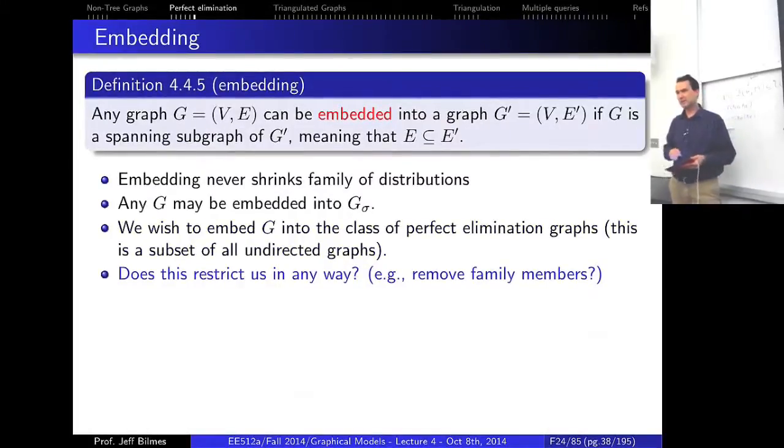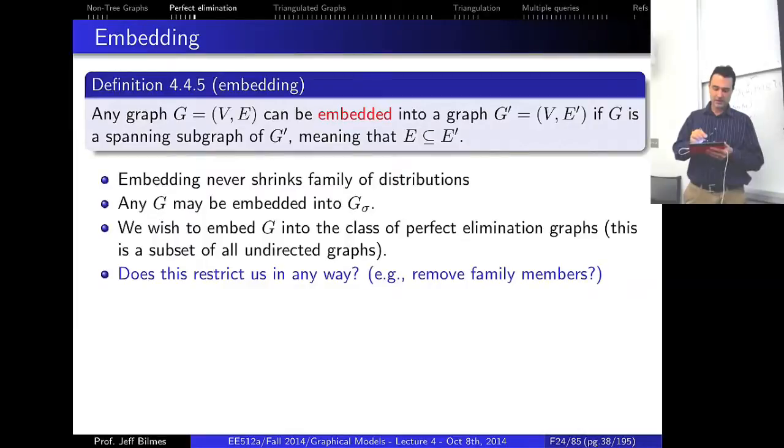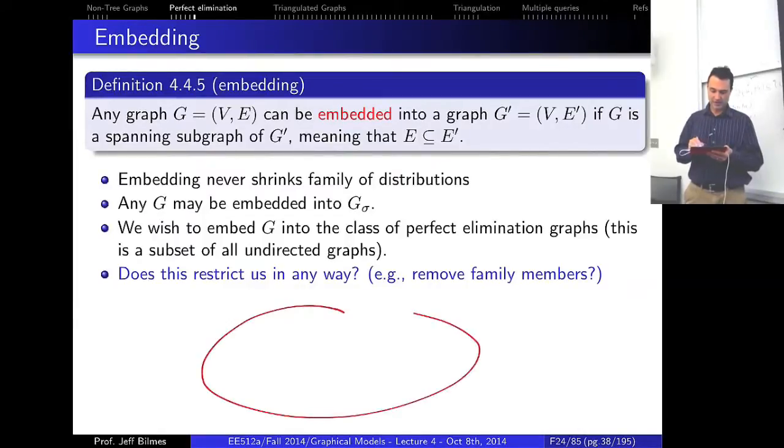Now, this gets back to Chandrasekhar's question about, for example, does this restrict us in any way? When we do this embedding process, are there any members of the family that are excluded? No. Remember this picture, we have the set of all possible distributions, U. And let's say that we have the family of distributions, say V and E, with some Markov properties, and let's say that this is yellow.